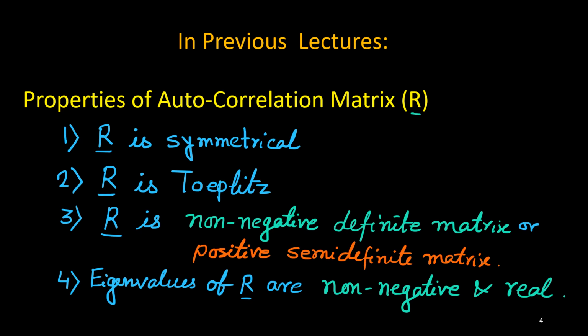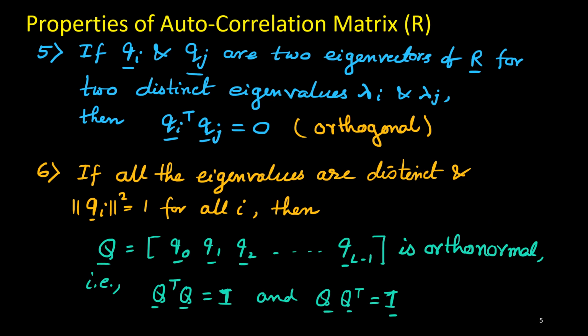Fourth one, eigenvalues of R are all non-negative and real. Then we have discussed the fifth property, that if two eigenvalues lambda i and lambda j are distinct, then the corresponding eigenvectors qi and qj are orthogonal to each other.